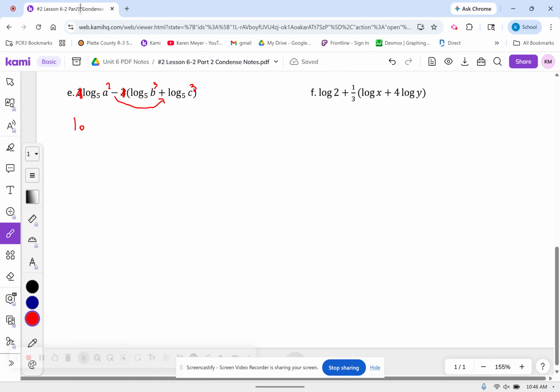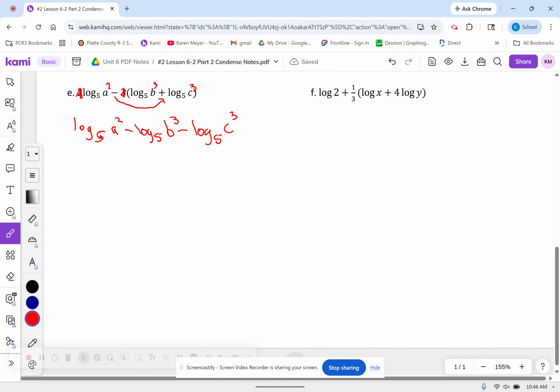So I'm going to think of it as log base 5 of a squared minus log base 5 of b to the third minus log base 5 of c to the third.